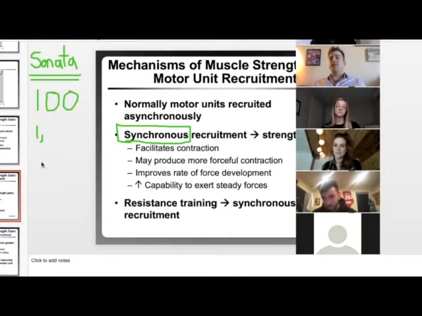So I don't think what Tatiana is saying right now is that she doesn't think there's a definitive number. It could be 2, it could be 5, it could be 100. I have no idea. But the only way to establish synchronous recruitment is through experience and practice.